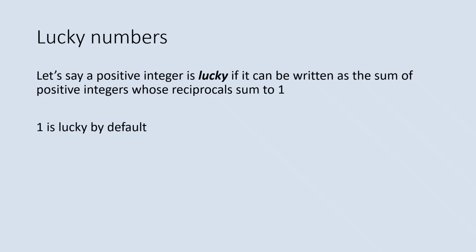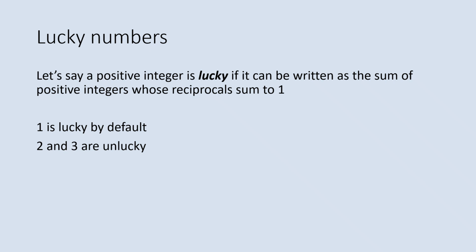So to make a little more sense out of this, let's look at an example. 1 we're going to say is lucky by default. It's not really the sum of positive integers, but its reciprocal is 1. So 1 we're just going to agree 1 is lucky. But if we look at 2 and 3, 2 and 3 are unlucky because the only way to write 2 is either as 2 by itself or as 1 plus 1.